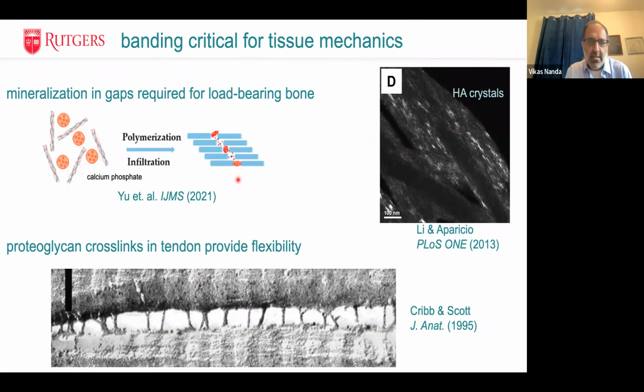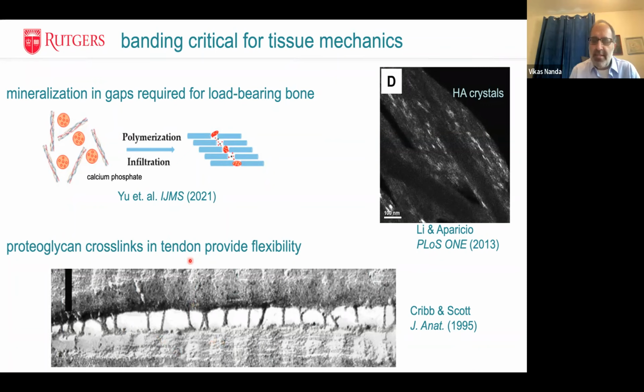rigid, load-bearing bone structures. Similarly, in tissues like tendons, when you have collagen fibers that are associated with each other, you get proteoglycan links between adjacent collagen fibers. And these links are mediated by periodic sites that show up on the surface of the collagen fiber.